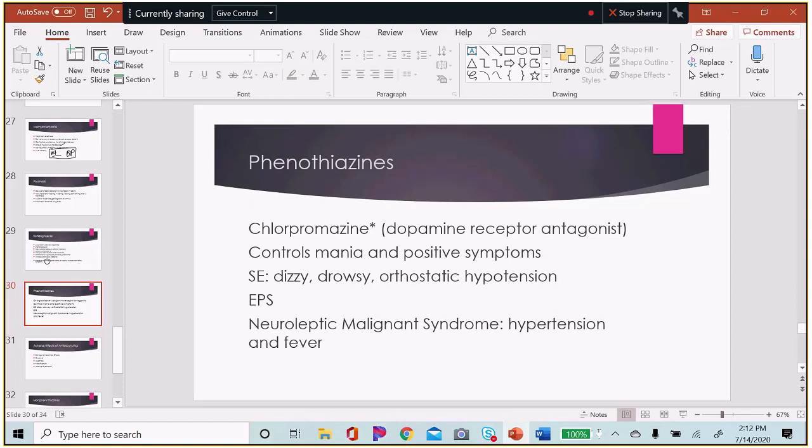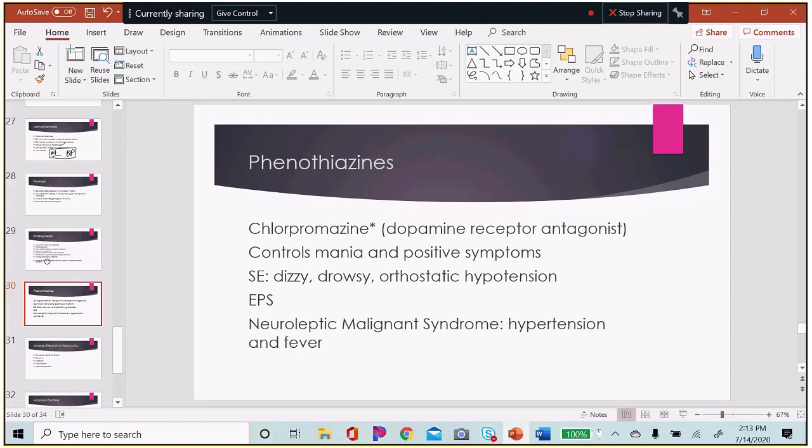So the first medications that were used in order to decrease or help people with psychosis and schizophrenia were phenothiazines. These are dopamine receptor antagonists. We talked about dopamine receptor agonists, medications that act like dopamine, when we talked about Parkinson's.